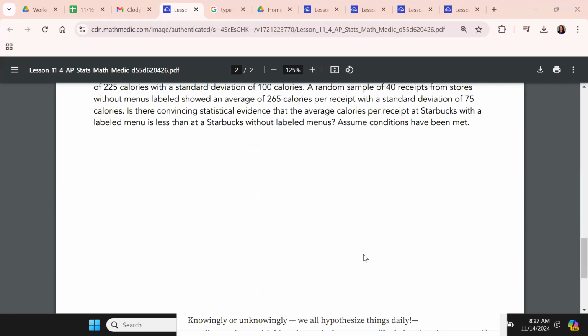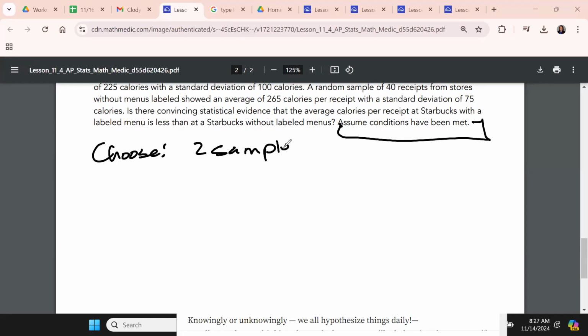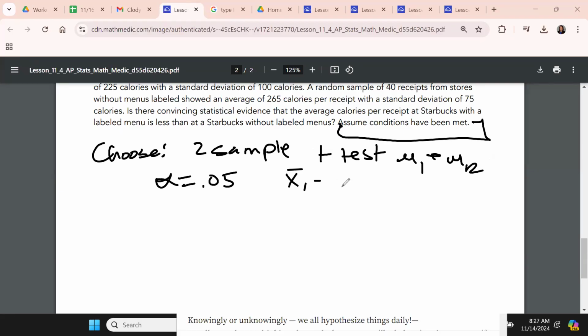This is a great thing to have on an FRQ. So we're going to choose a 2-sample t-test for mu1 minus mu2. Alpha is 0.05.